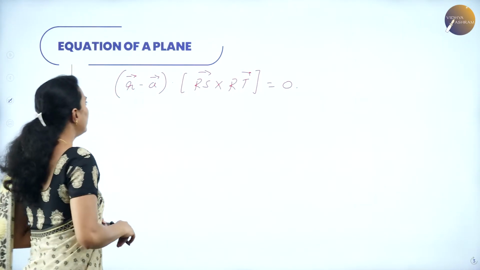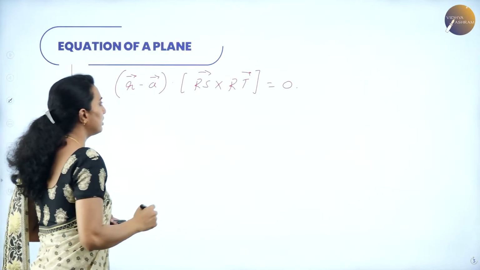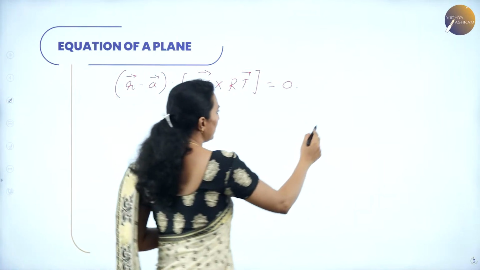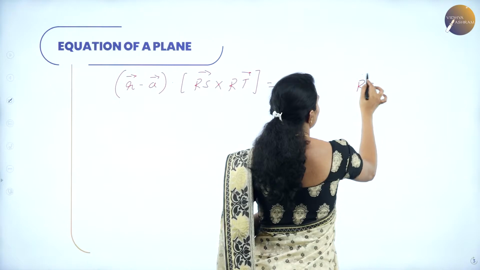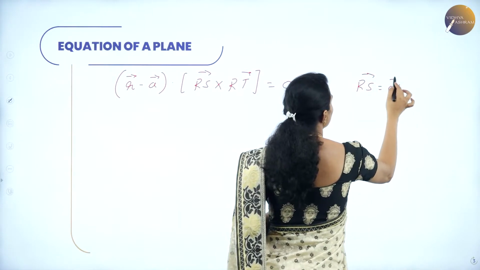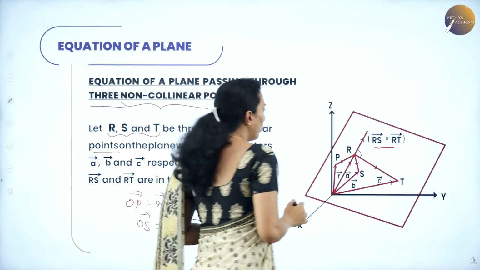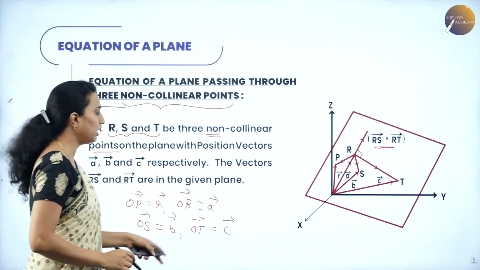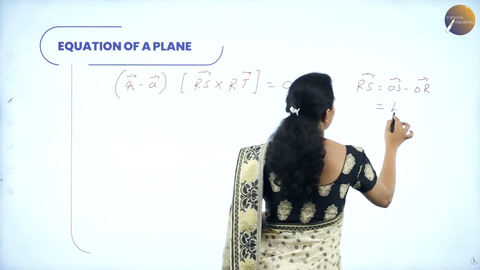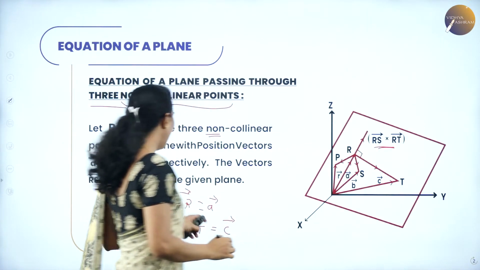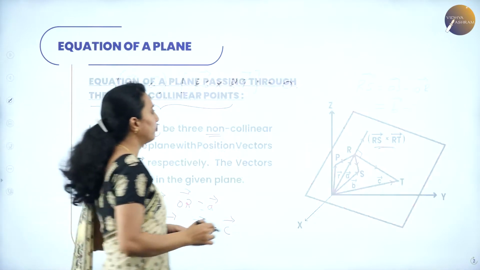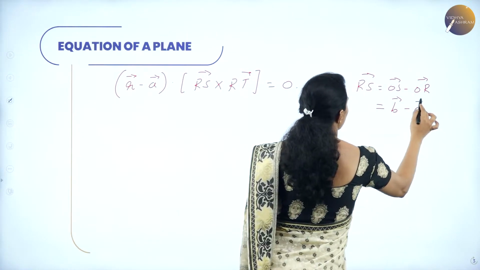Now here we'll have RS vector given by, let me write it, RS vector is nothing but OS vector minus OR vector. OS vector, you know already, is b vector. So b vector minus OR vector, and OR vector is a vector.